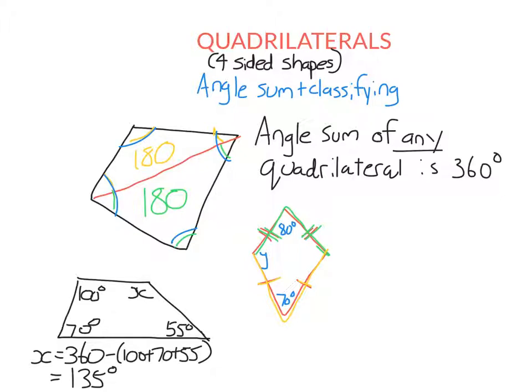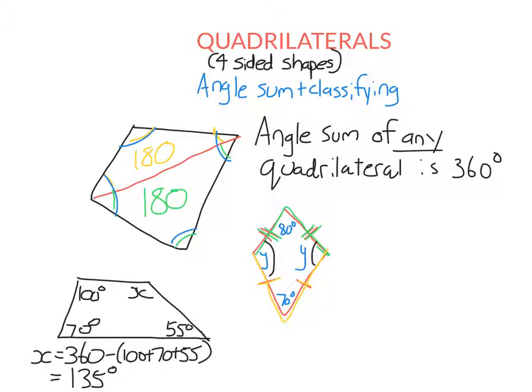So how are we going to use that to find what y is? Well, we only have two angles and we want to find another angle. It might look impossible to you, but a property of kites is that this angle and this angle are equal to each other. Works for any kite. So to find y, I know it's going to be the same as this one here.